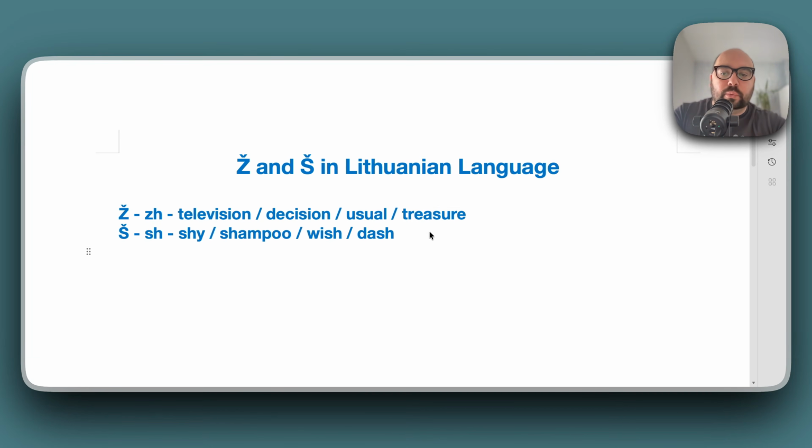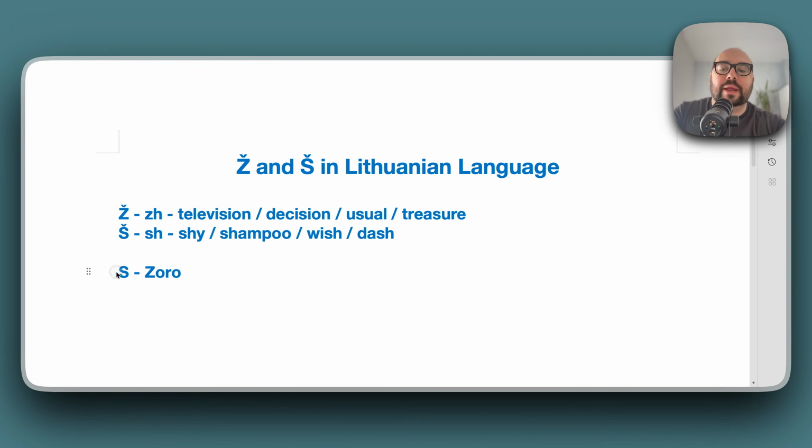Now, what you don't want to do is mix them with their cousins. One cousin of sh could be S, and Z would be the cousin of zh. You have those in the English language. This is a simple S, this is a simple Z. For example, Zorro. S would be something like cereal, celery, salary.